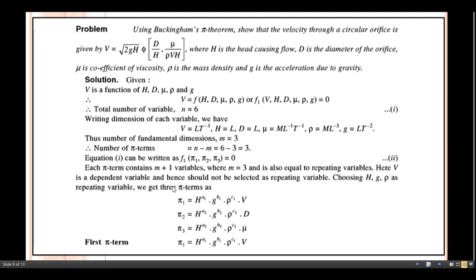Here v is the dependent variable and hence should not be selected as a repeating variable. So choosing h, g, rho as the repeating variables, we get the 3 pi terms. Now why are h, g, rho taken as repeating variables? This will become clear to you now.